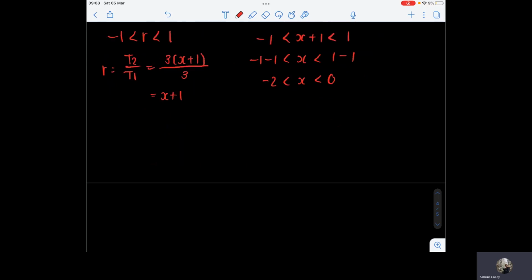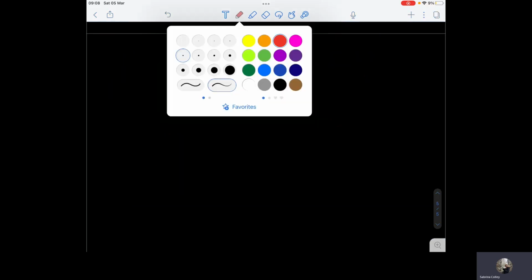Okay, I'm going to quickly do some sigma notation, and then I will do the sum to infinity for geometric series. All right, so sigma notation, we've got this sign here, which is sigma, which basically means the sum of.